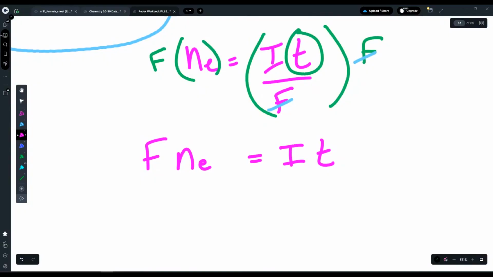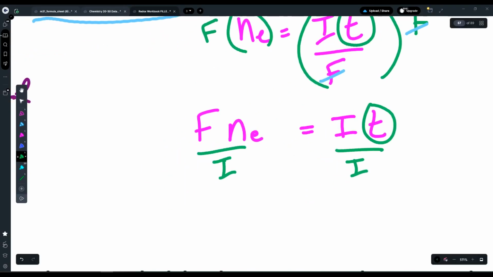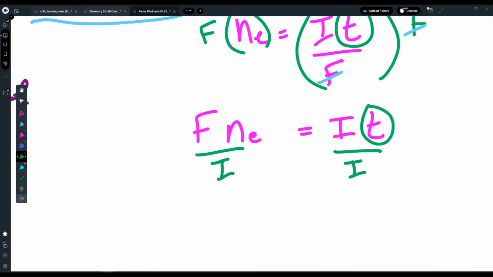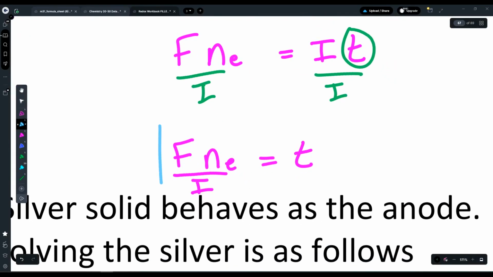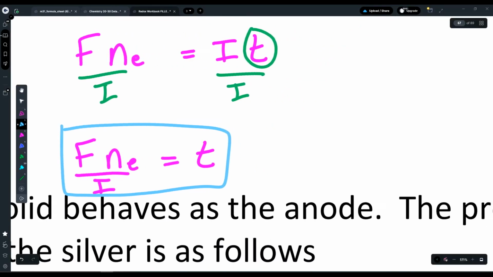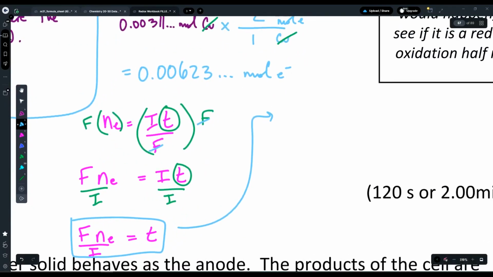Now we're still working on isolating for time, and we're asking ourselves, what is current doing to time? It's multiplying, so I got to do the opposite, which is dividing. Alright, so this is going to be the equation that I need to use in order to figure out time. So I'm going to have to move this up here.